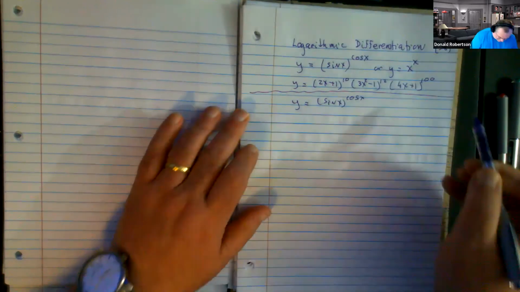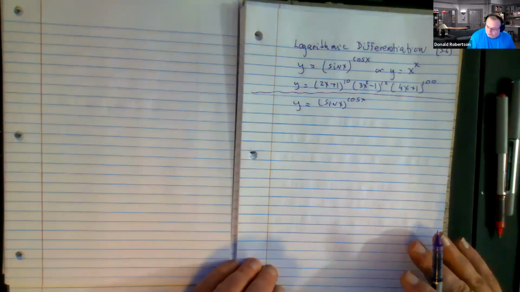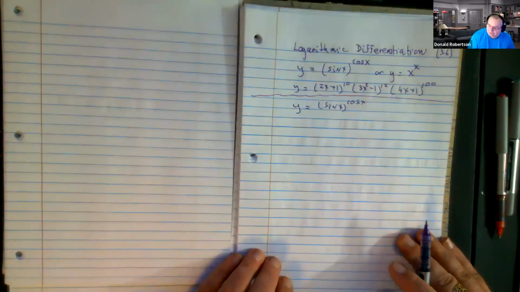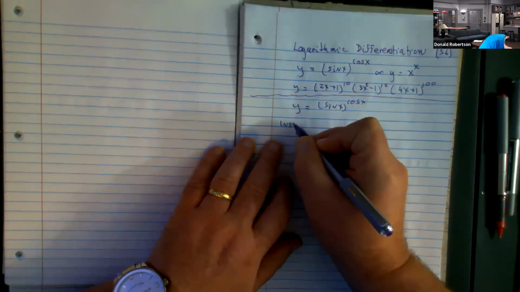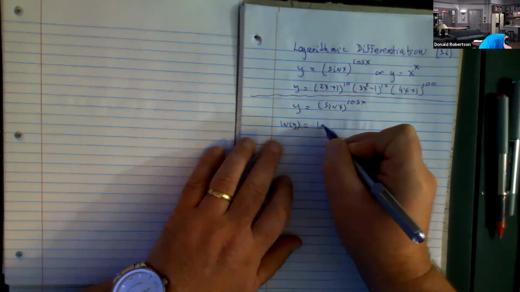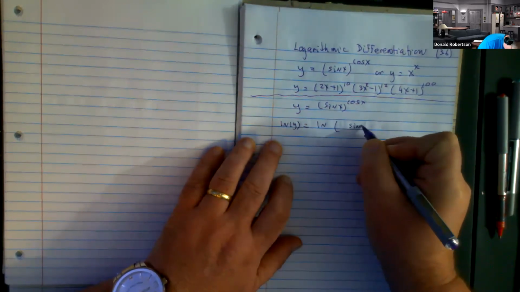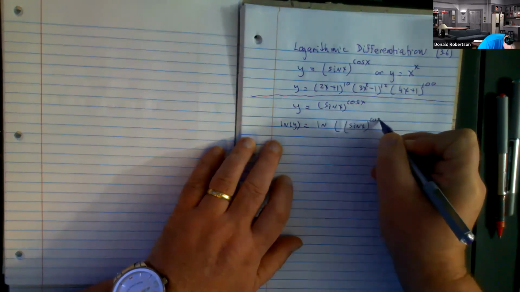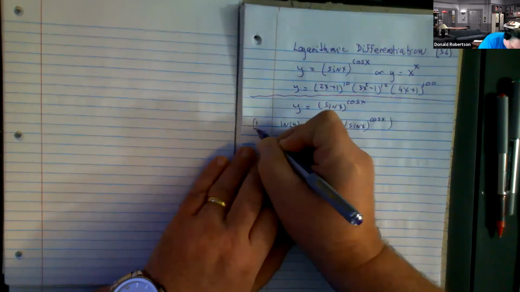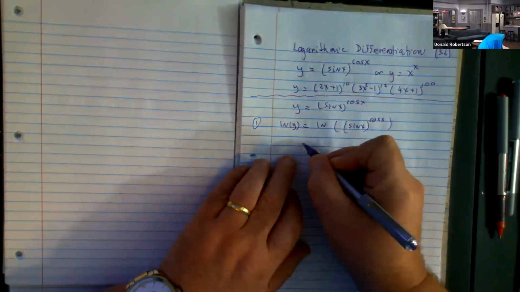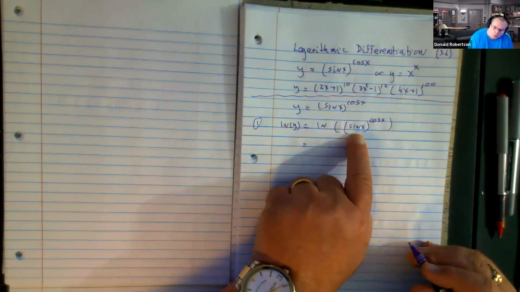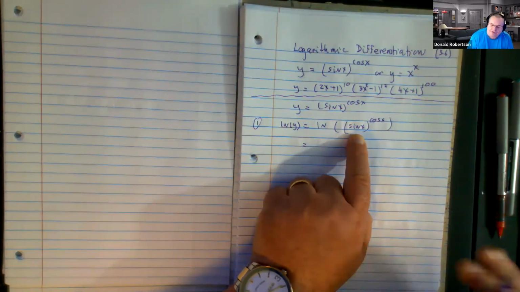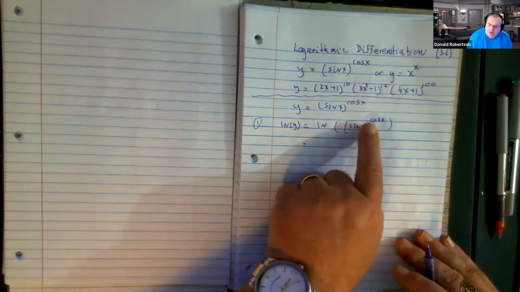But logarithmic differentiation is not a formula like the product rule. It's a process. So step one in the process is you take the natural log of both sides. That's step one. And this side here will almost always be simplified by using one of the laws of logs, or a combination of them. This is a power.